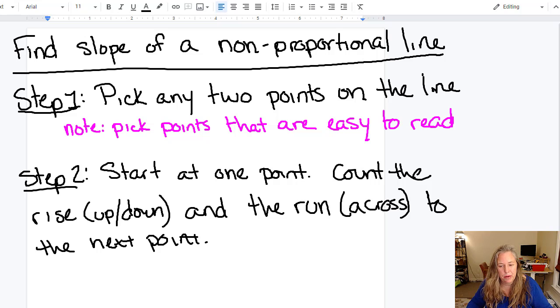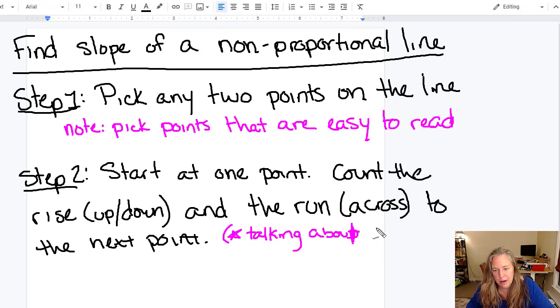We're not talking about signs today, but we will talk about signs next week, okay? So talking about positive and negative. Oops, that's supposed to be a T. I'm talking about positive and negative next week.